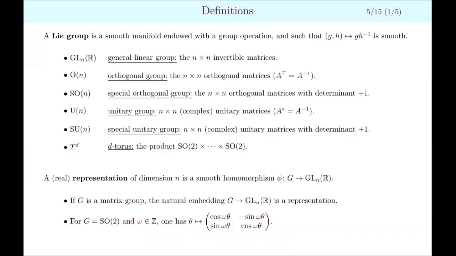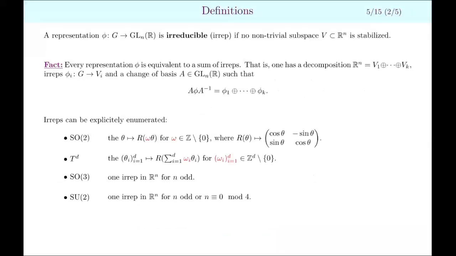When we have a representation, what we like to do is to decompose it into irreducibles. A representation is said to be irreducible when it does not fix any subspace of the Euclidean space where it acts. Such a representation is called an irrep.